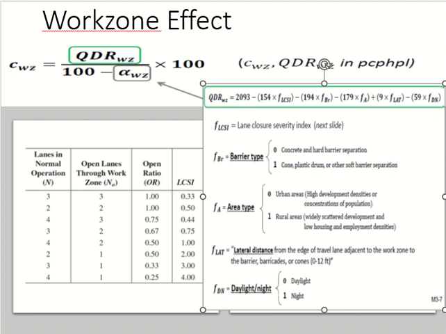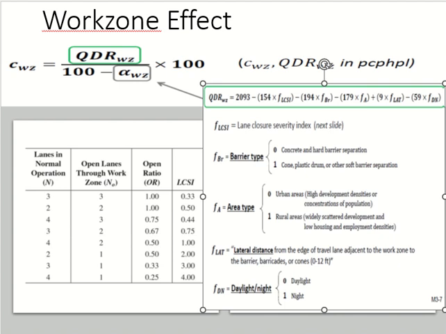Sometimes this barrier can be concrete, or made of wood, steel, fiber, or a person holding a flag. We only have two values of the factor, 0 or 1. If it is a concrete barrier, then FBR is 0. Otherwise, it is 1.